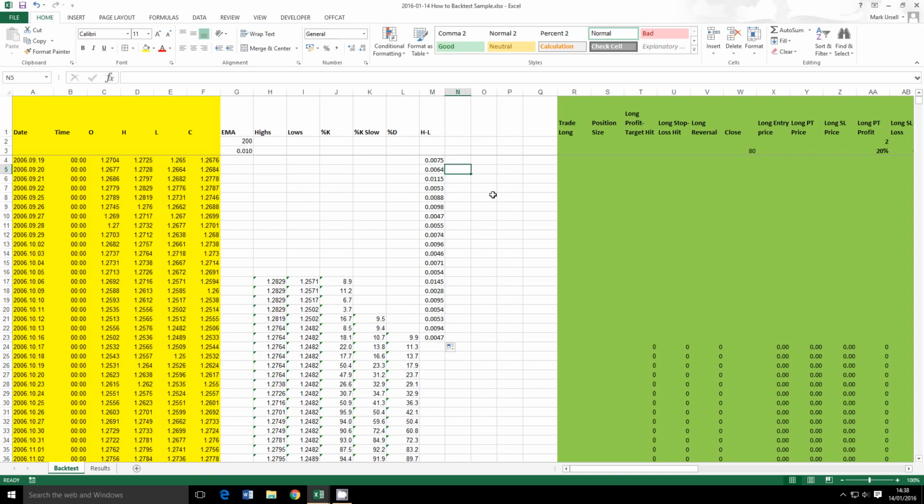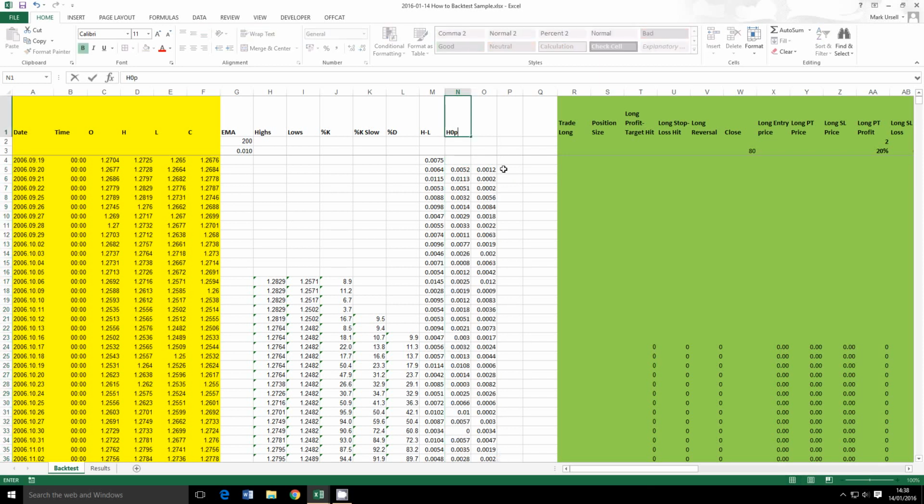So we use a formula that looks at, first of all, the high minus the low, and then we look at the absolute value of the high minus the previous close, and the absolute value of the low minus the previous close. So there we have the high and the low minus the previous close.